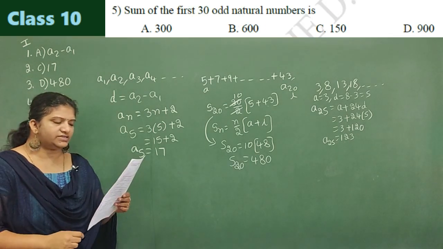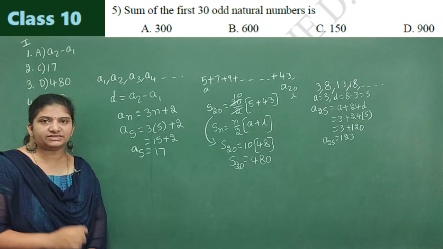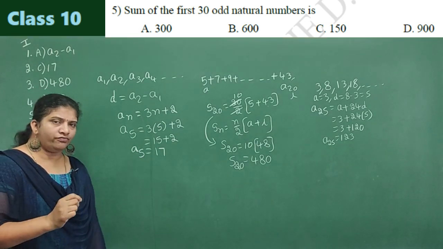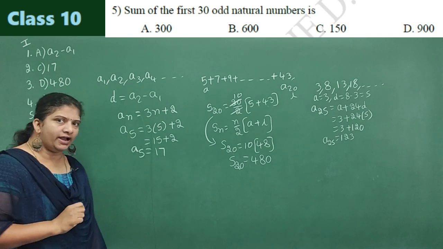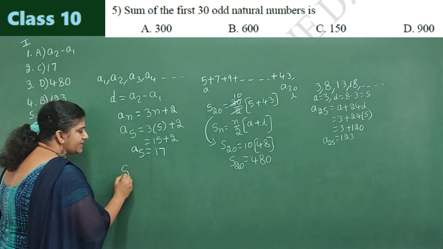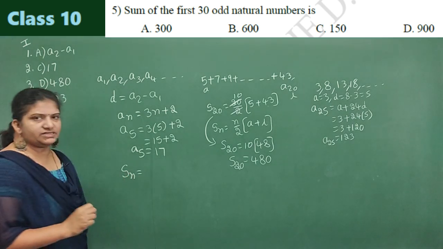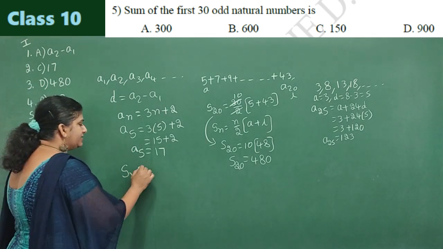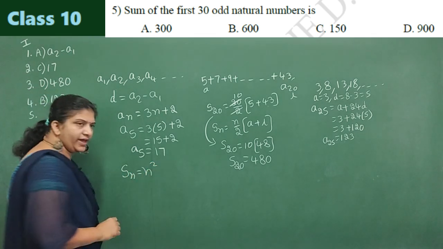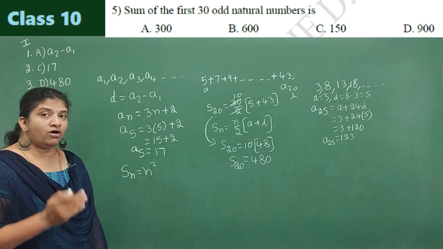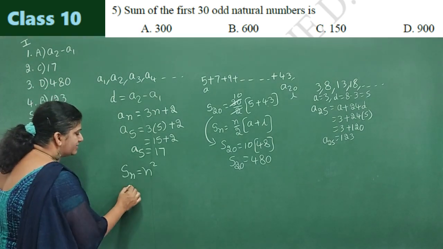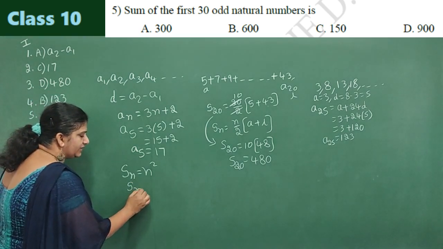Fifth one. Sum of the first 30 odd natural numbers is. Sum of odd natural numbers, there is a simple formula. That is Sn is equal to n square. We need sum of 30 odd natural numbers. N value is 30.